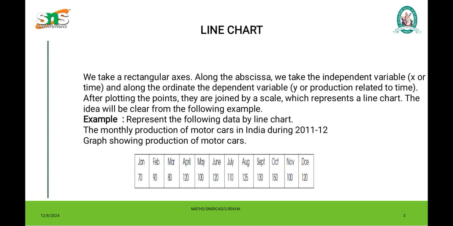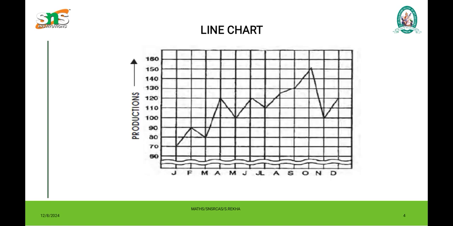We want to analyze the data given from January to December. For example, in January it is 70, then 90, 120, 110, 125, 135, like that. So we have to analyze the values, which are spread in the range of hundreds, 200, like that.